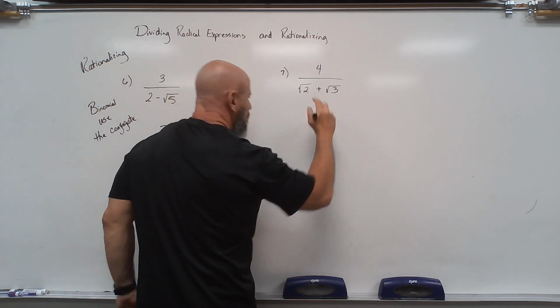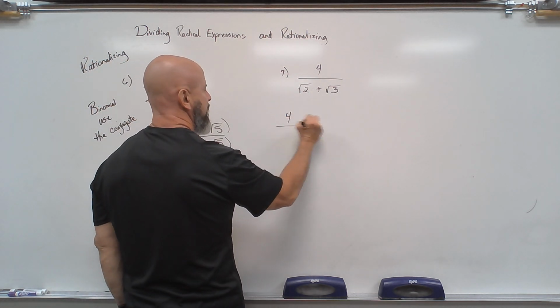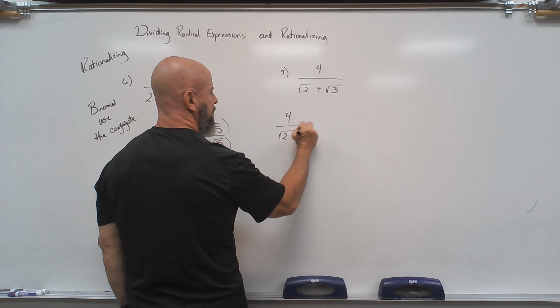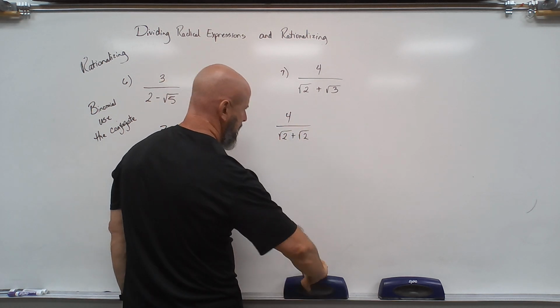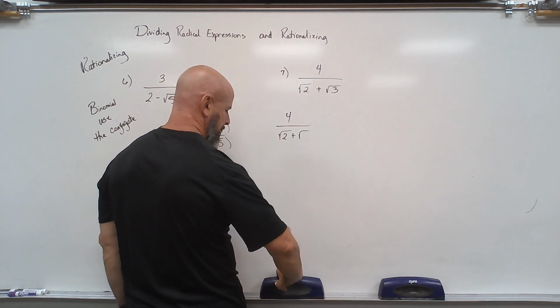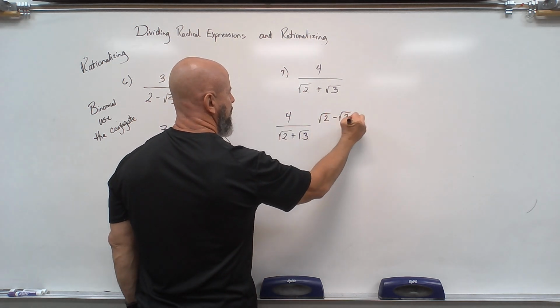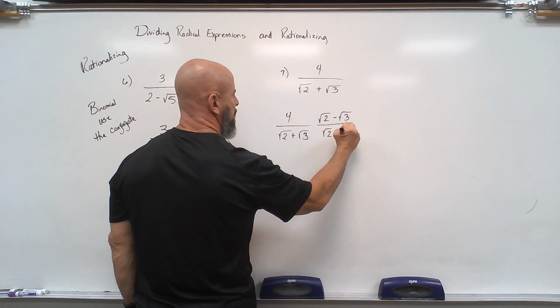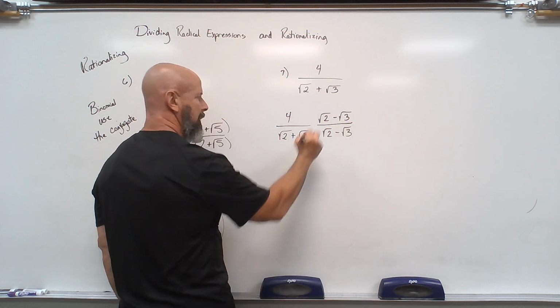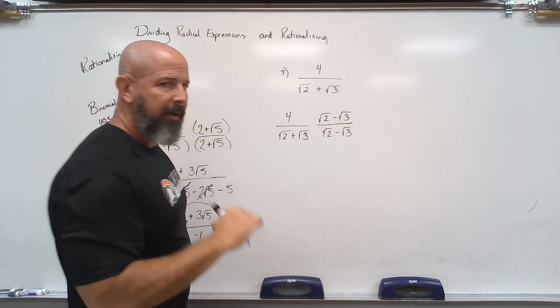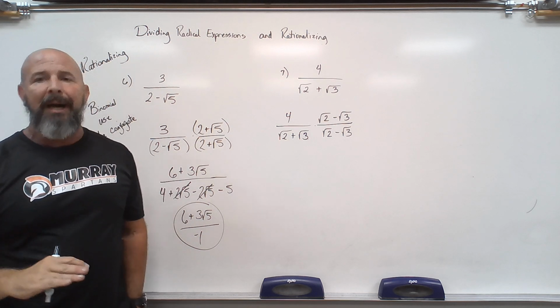I see two terms. I need the conjugate. So the conjugate of root 2 plus root 3 would be root 2 minus root 3. I'm going to multiply numerator and denominator by root 2 minus root 3.